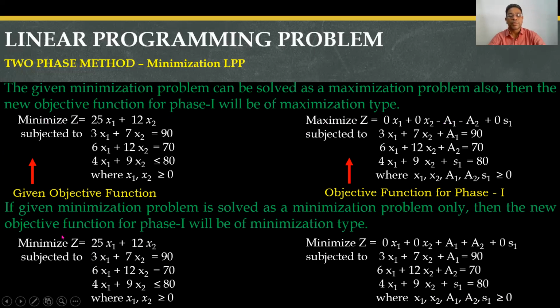This minimization problem we are solving as a minimization problem, so this will be plus a1 and plus a2. So maximize, minus; minimize, plus; and this a1, a2 here will always be plus.